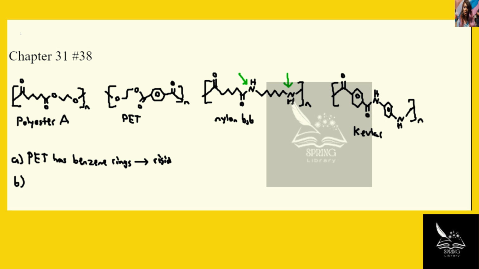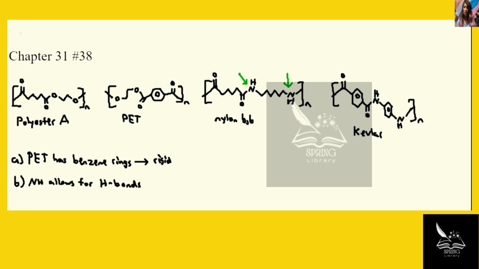The benefit of these is that they allow for hydrogen bonding. So I'm going to say NH allows for hydrogen bonding. Whenever we have two comparable molecules where one can hydrogen bond and one cannot, the one that can hydrogen bond is going to have much, much stronger intermolecular interactions.